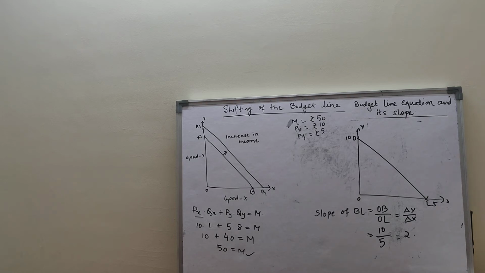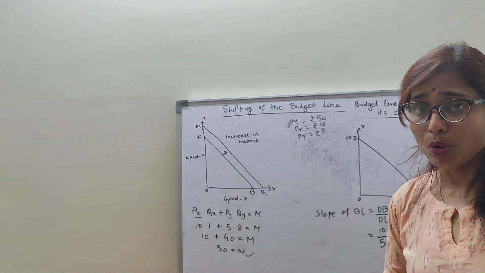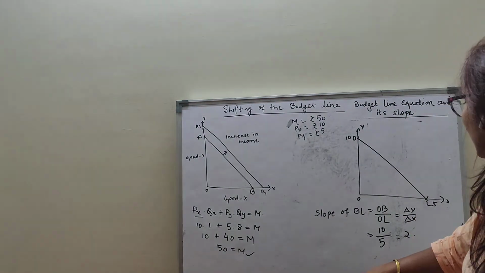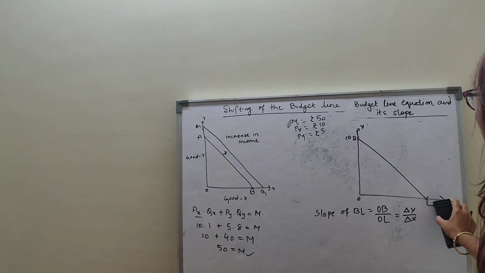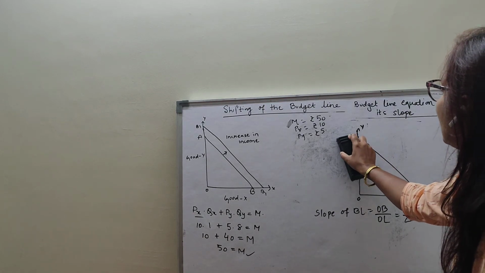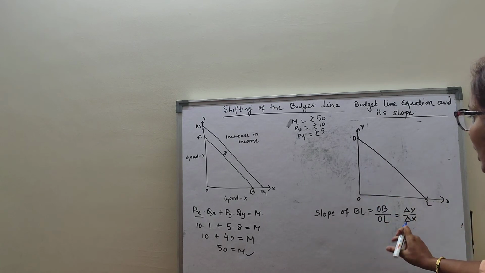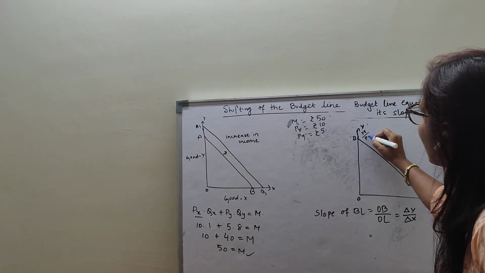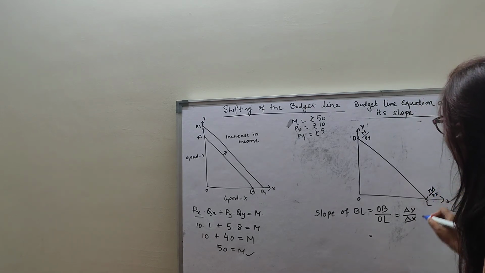Now it is not necessary that the values of the 2 points will be given to you. Suppose the values are not given to you, how to calculate it? Let's see. Slope of BL is OB by OL. So OB we know is income divided by price, and OL also is income divided by price.